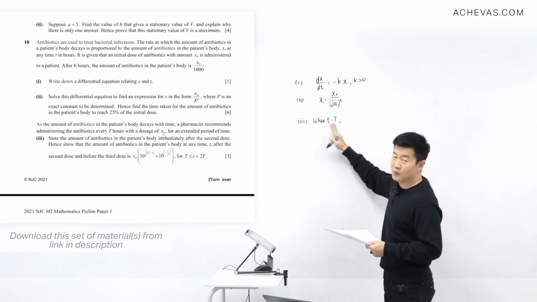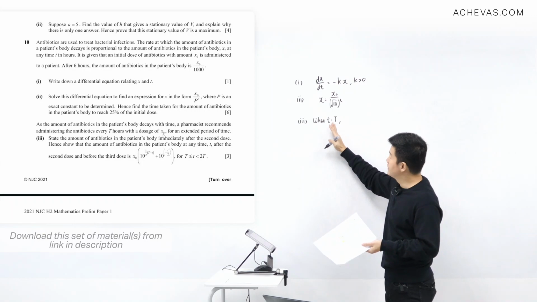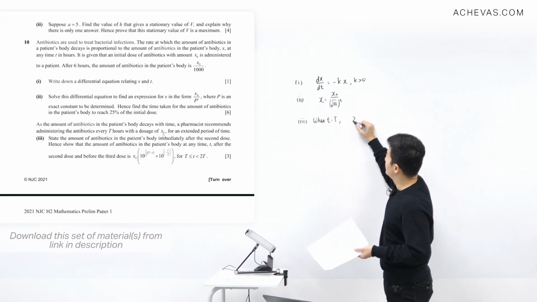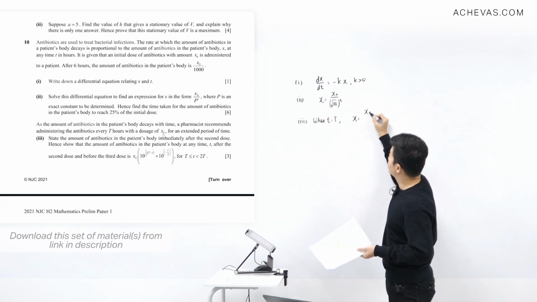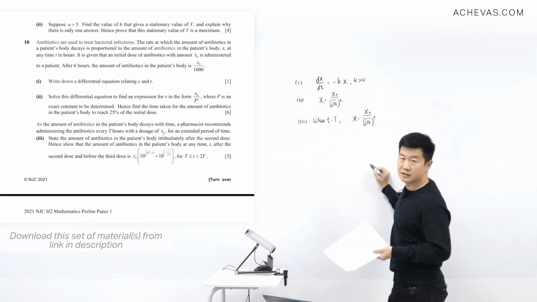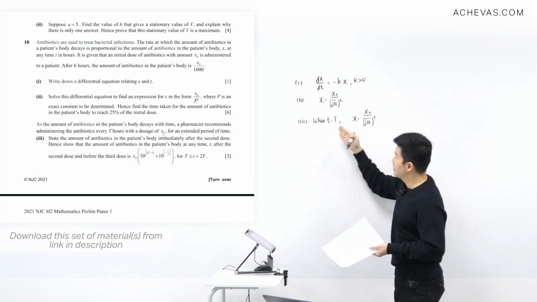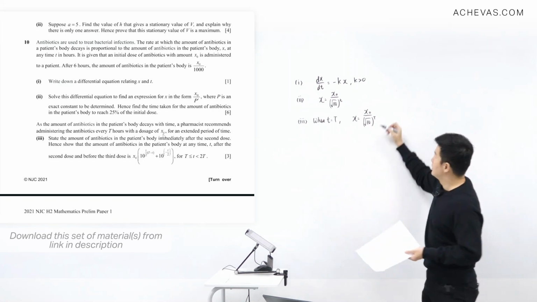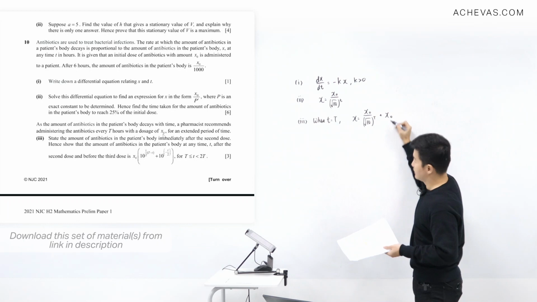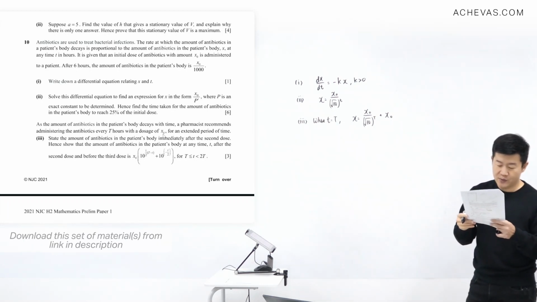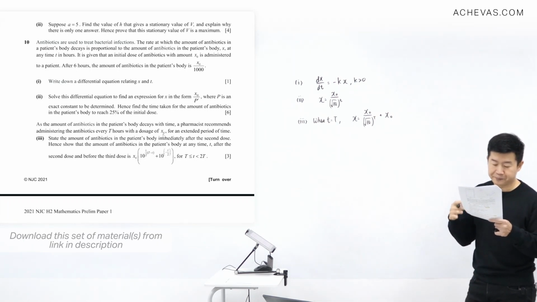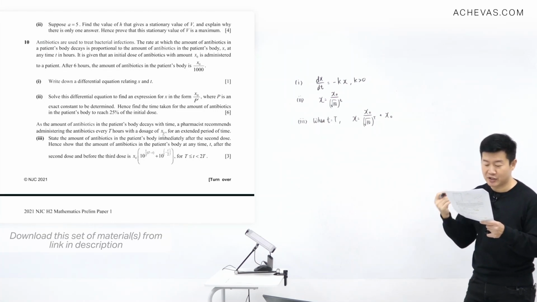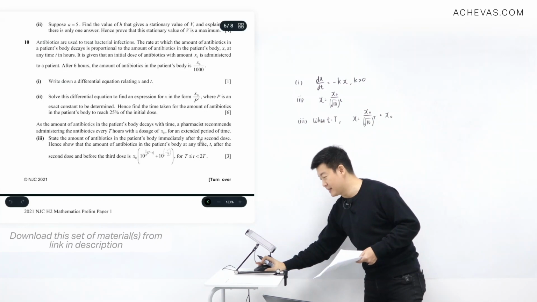So by the time when you first reach the t hours, x will be x0 over square root of 10 to the power of t. And at this point, a second dose is going to be added, and the second dose is x0. So this will be the amount of antibiotics that is going to be in the patient's body immediately after the second dose.